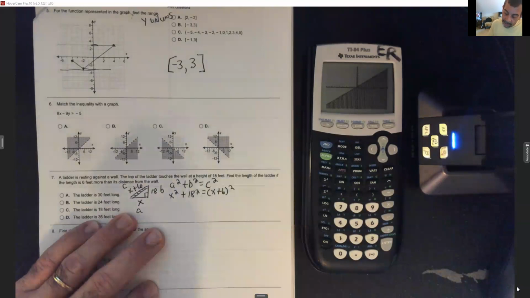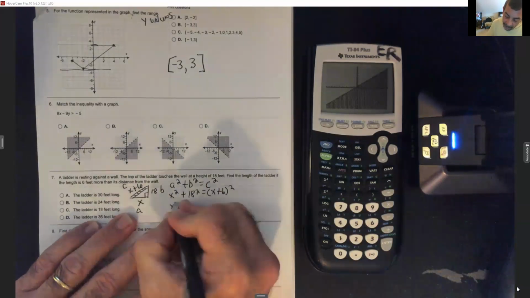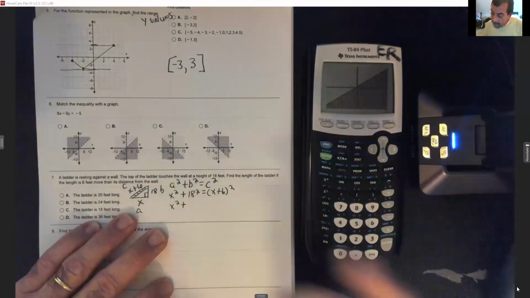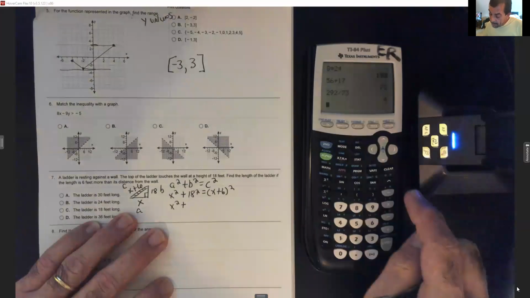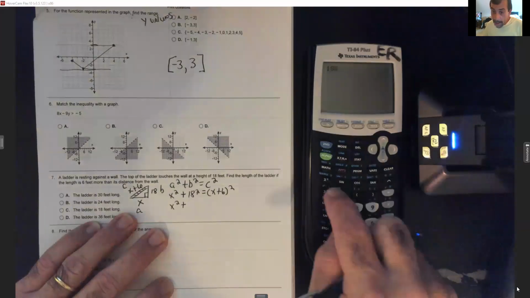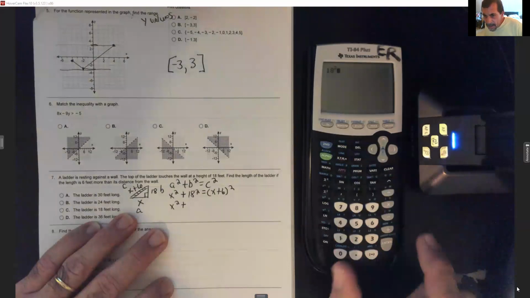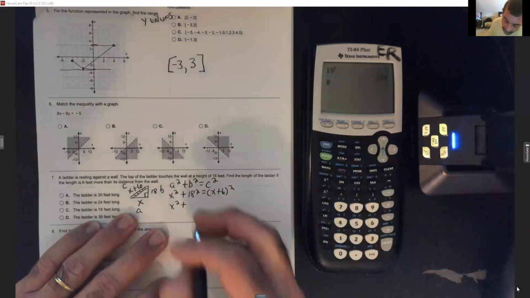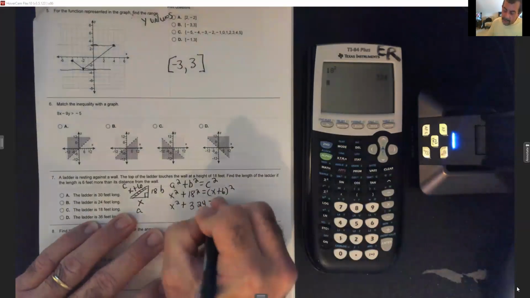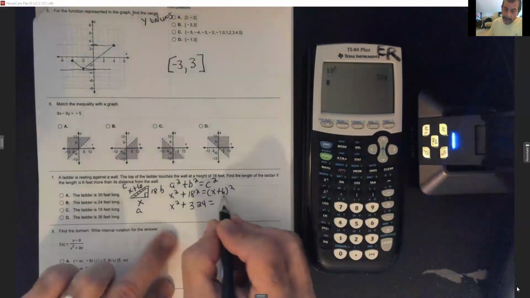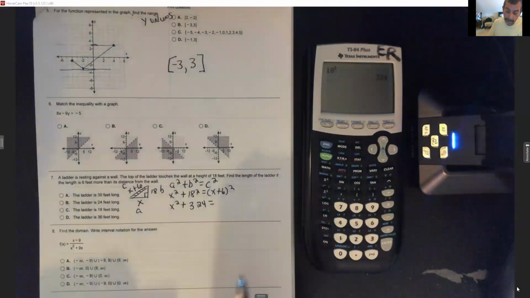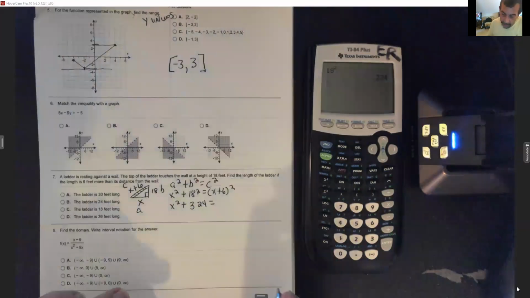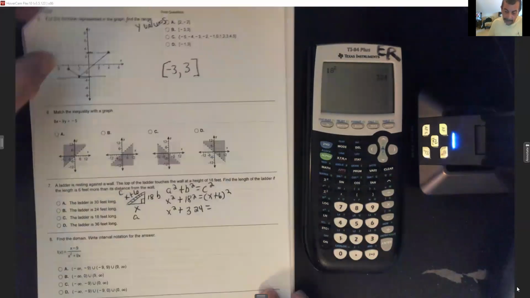All right, so let's see. We're going to solve this. I get an x squared. Okay, let me clear that. 18 squared is 324. That's going to equal x plus 6 squared. Now remember, x plus 6 squared, we got to FOIL that, okay? So let me pull this over here so I can get to FOILing.